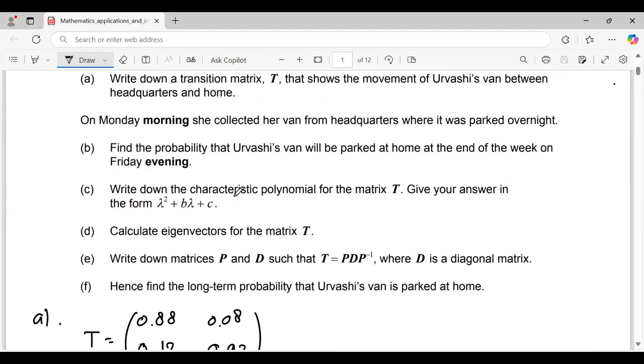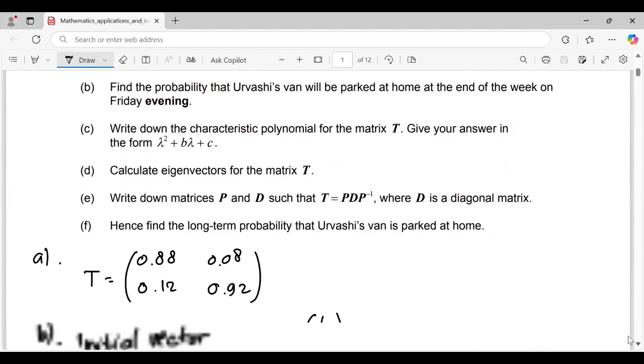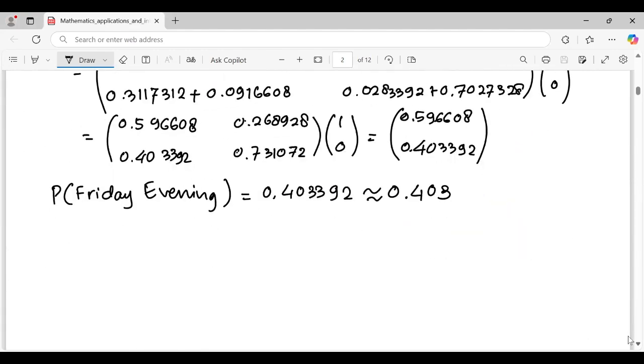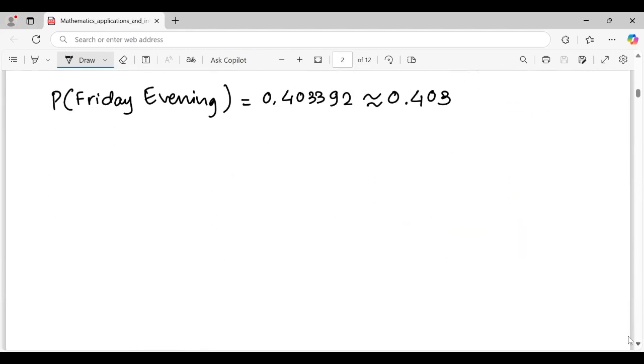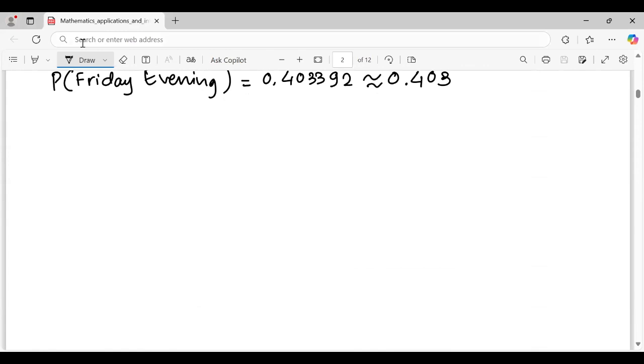Next question. Write down the characteristic polynomial for the matrix T. Give your answer in the form lambda squared plus B lambda plus C, and let's solve it.